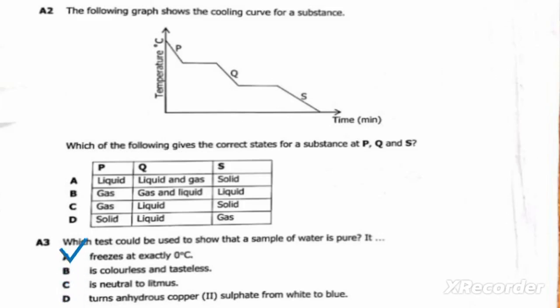So our correct answer here is A. The best test for pure water is that it freezes at exactly 0 degrees Celsius. So once we see the suspected liquid freeze at 0 degrees Celsius, just know that that liquid is pure water.